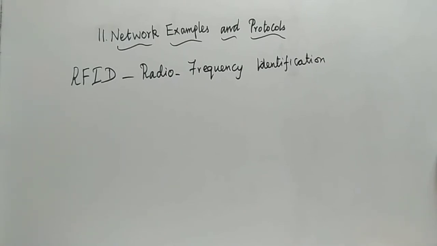It is more or less the same case with RFID. Here also, each and every object is going to have a tag. That tag has the information related to the object. By using an RFID reader, we read the information that is available in the RFID tag.